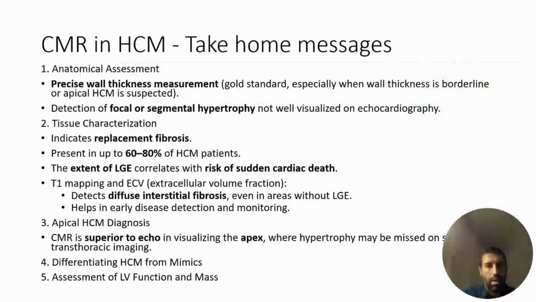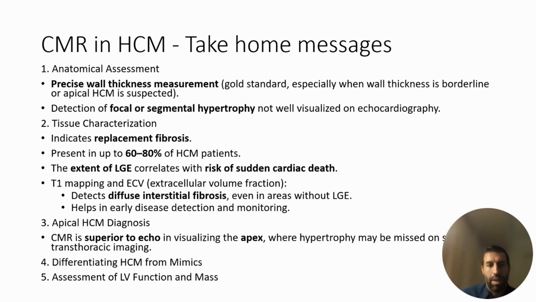Finally, take-home messages. CMR can give us excellent anatomical assessment in patients with hypertrophic cardiomyopathy. It gives us precise wall thickness measurement, and it's the gold standard, especially when wall thickness is borderline or apical hypertrophic cardiomyopathy is suspected.